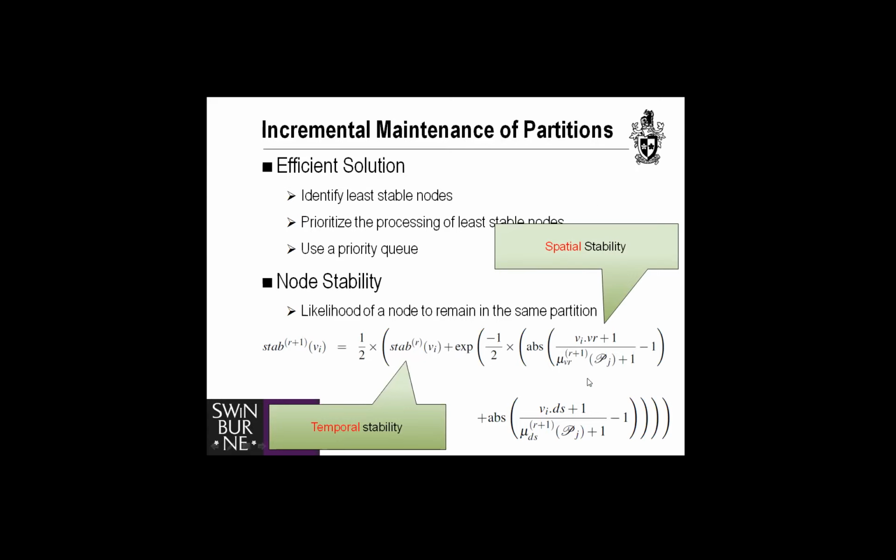By spatial stability, we mean how close the traffic measures of this node are to the partition means. Here, this part is for the volume ratio, and this part is for the degree of saturation. We take the average of them. So this part accounts for spatial stability, and this part accounts for temporal stability. Finally, we get this measure, the combined stability of this node, and based on this measure, we maintain the priority queue using a min heap tree.